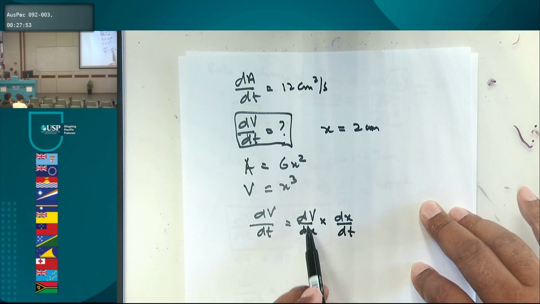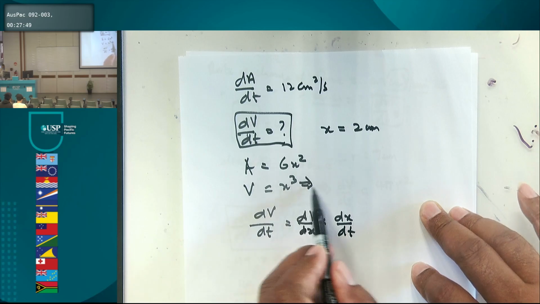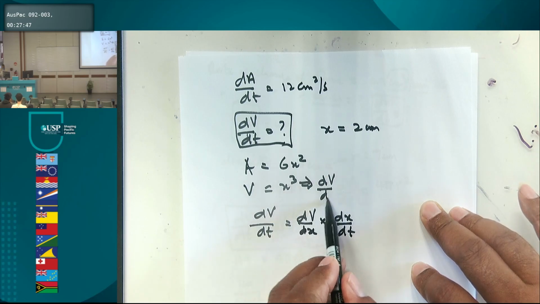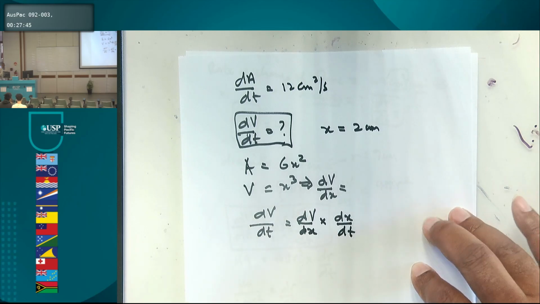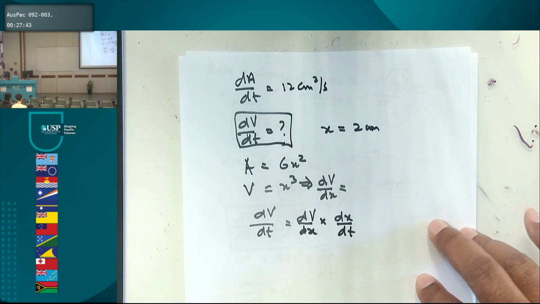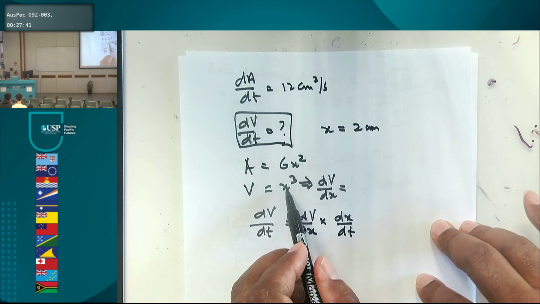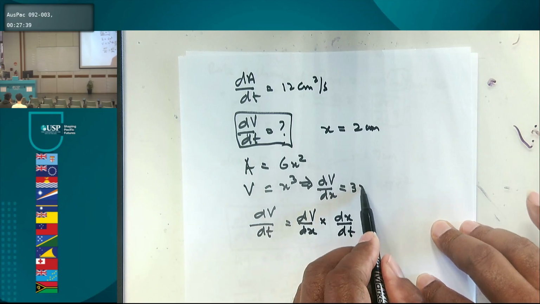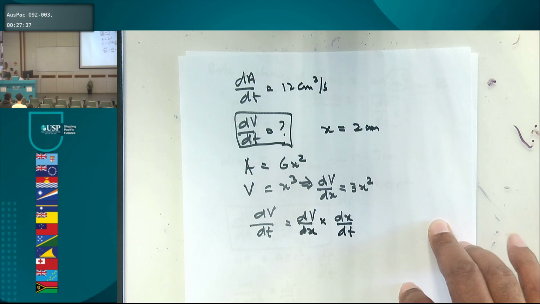Now we can easily find dV over dx from here. What's the expression for dV over dx? Differentiating x cubed, we get 3x squared.